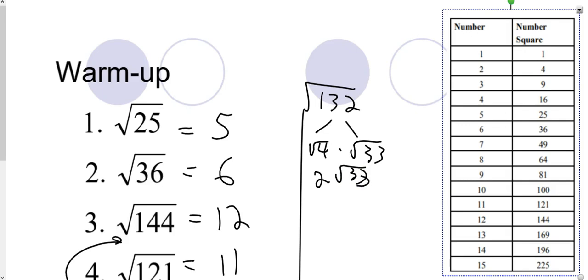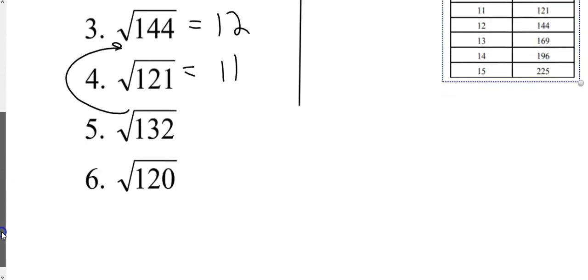So we come down here. What's our answer? Board is not cooperating. Hold on. And we're going to write equals 2 times radical 33, or the square root of 33.